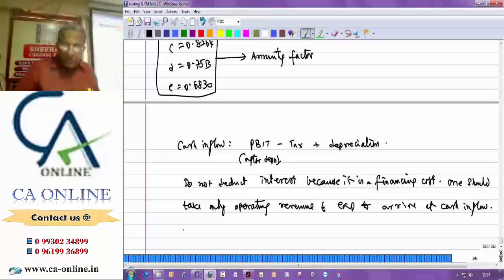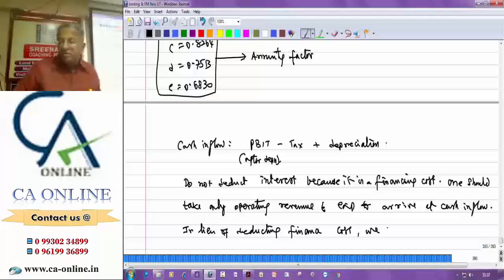So, in lieu of deducting finance cost, we are discounting the cash flow.